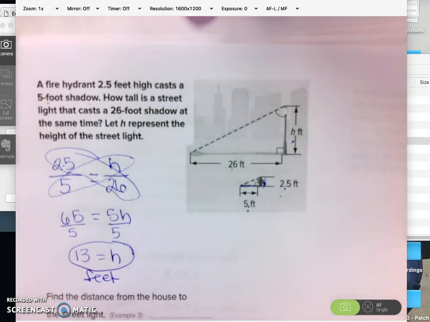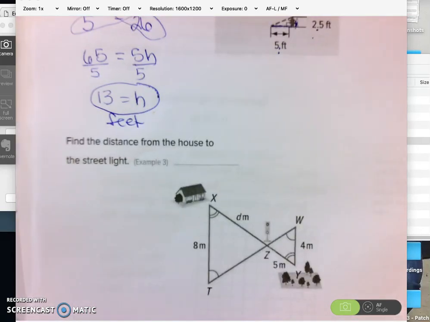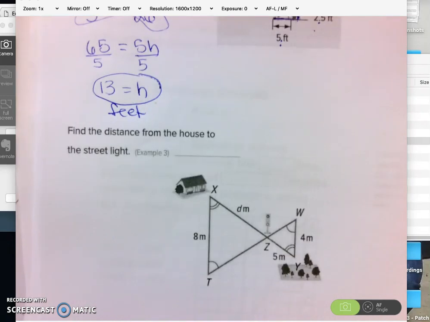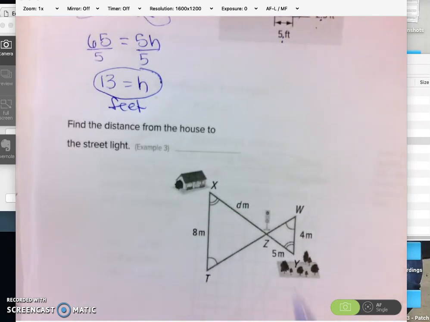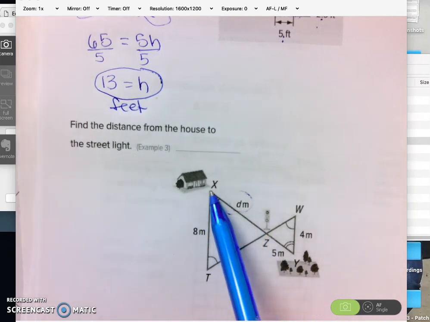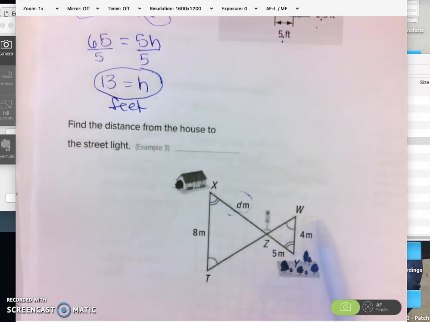Then find the distance from the house to the street. So right here we're looking for, so this is our house and this is our street.